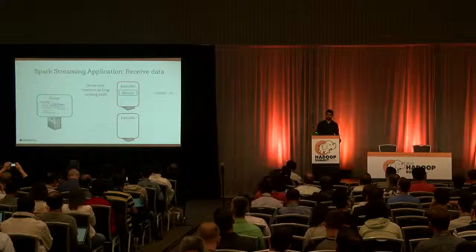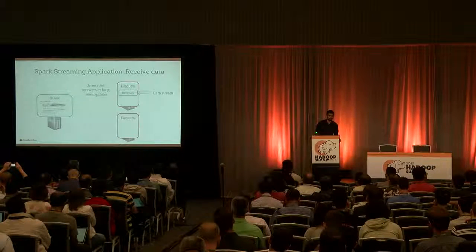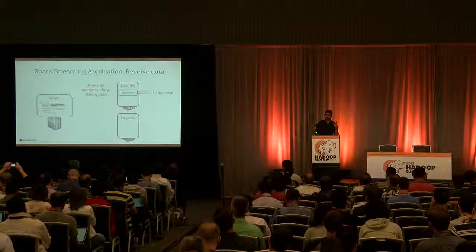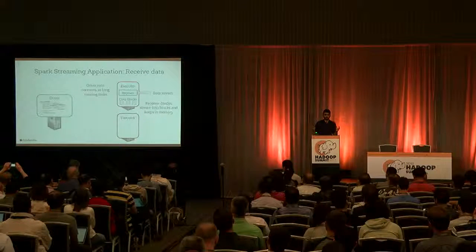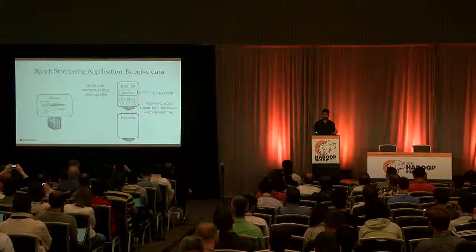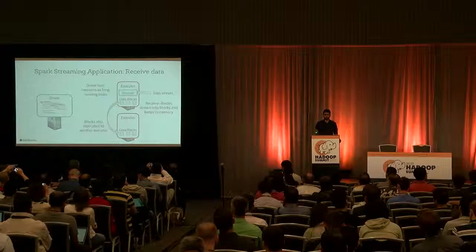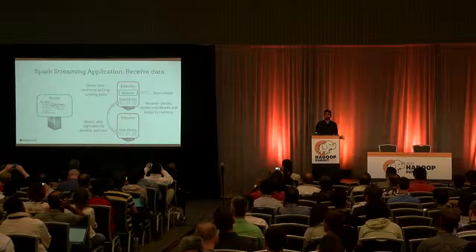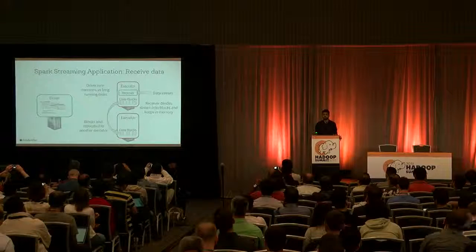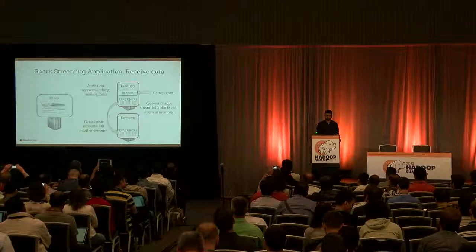This receiver starts receiving the data stream from whatever the source is, Kafka, Flume, Kinesis, whatever, and divides the data into blocks and stores them in the memory of the executor. It also replicates those blocks of data into another executor for fault tolerance. I'll discuss that shortly, but it does in-memory replication across multiple executors.